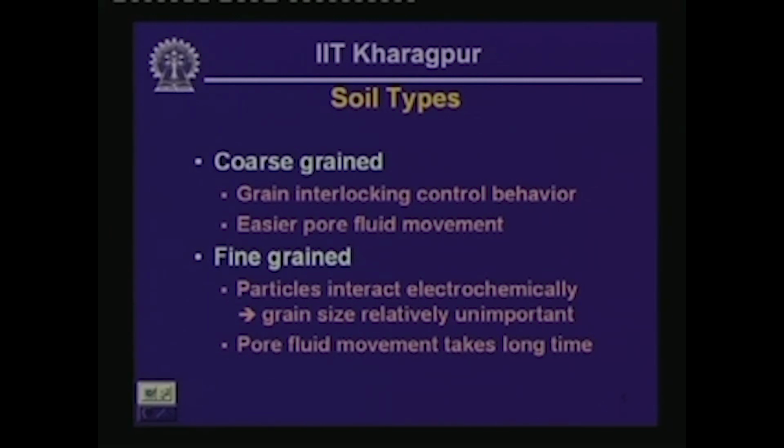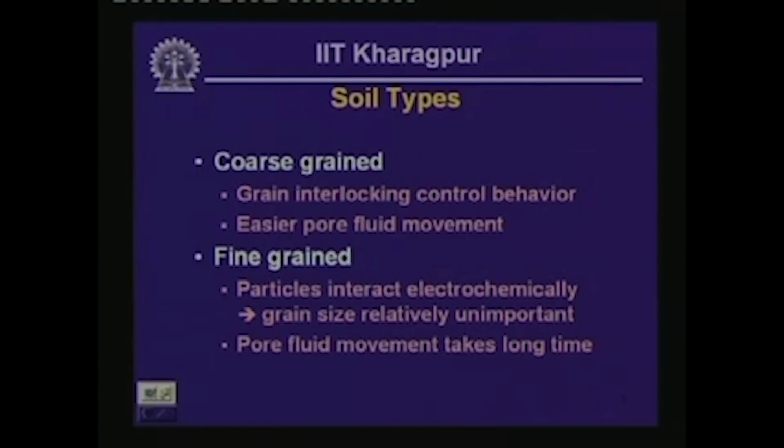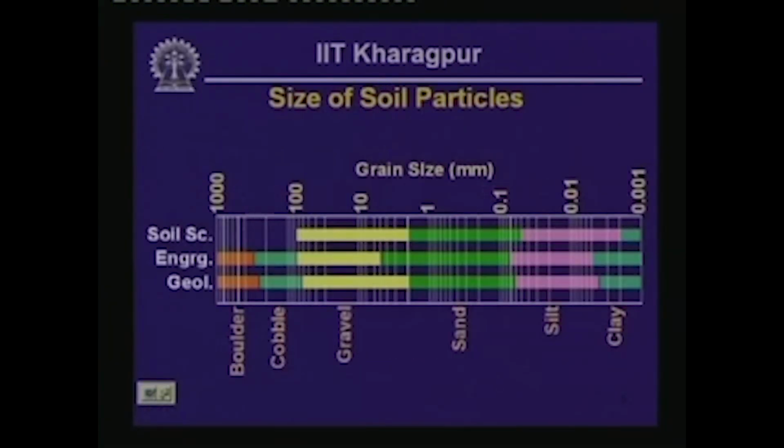Because the soil is finer grained, the pore space is much finer in comparison with coarse grained soils, and as a result fluid movement through this pore space is much more difficult. So, fine grained soils are much less permeable in comparison with coarse grained soils.